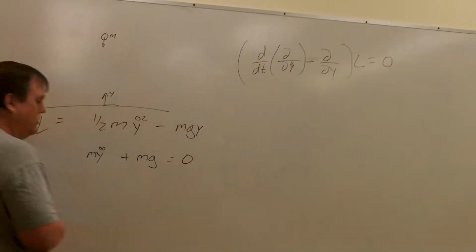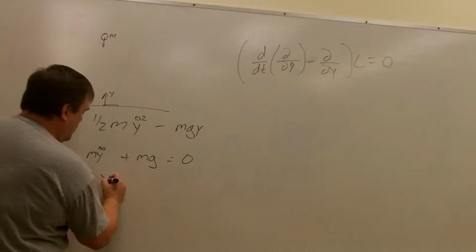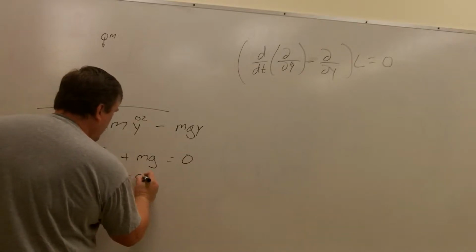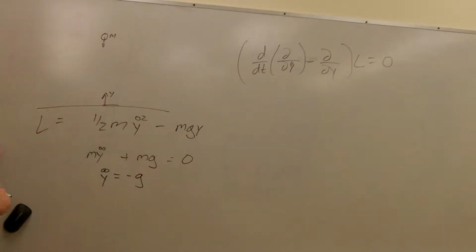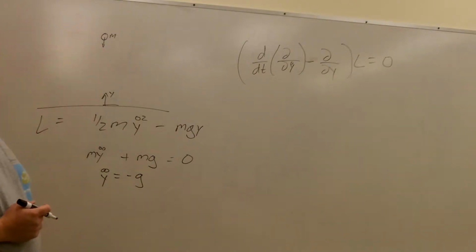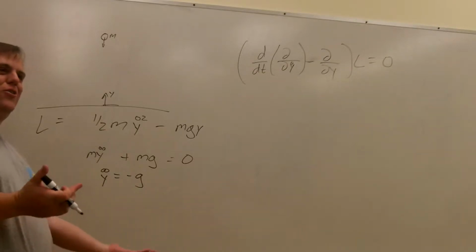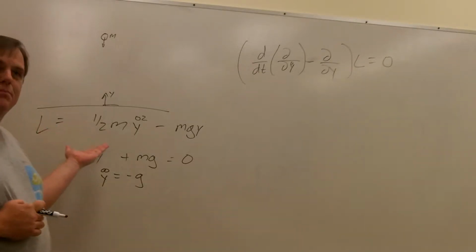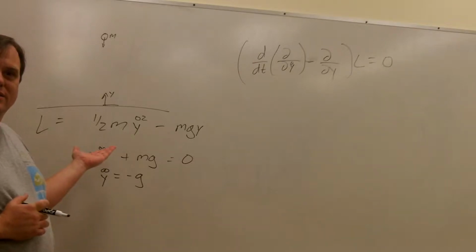That has to be 0. They both involve m, so that means y double dot must equal minus g. The acceleration is equal to your gravitational constant going down. Shocking? No, but I would like to submit to you that's a pretty elegant way to get it.